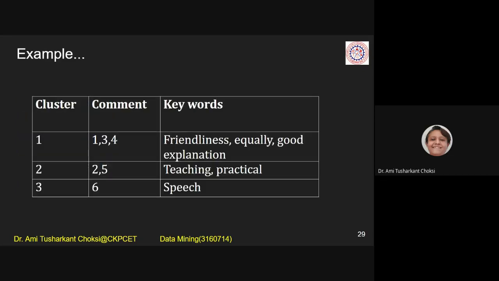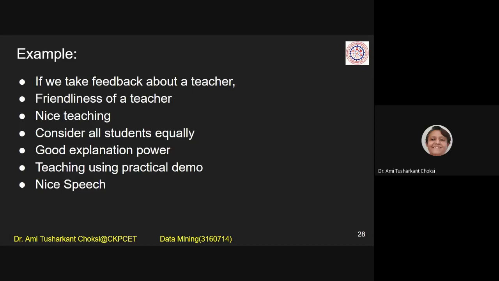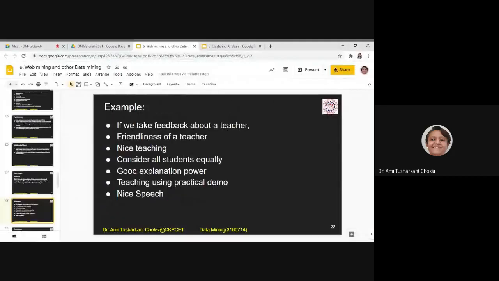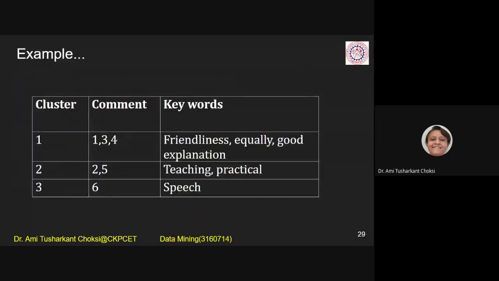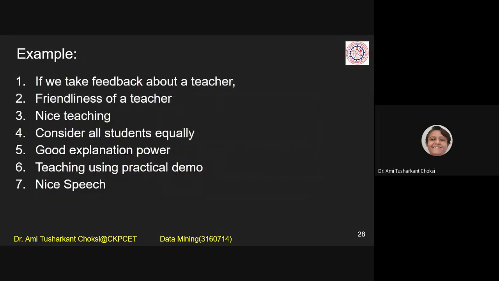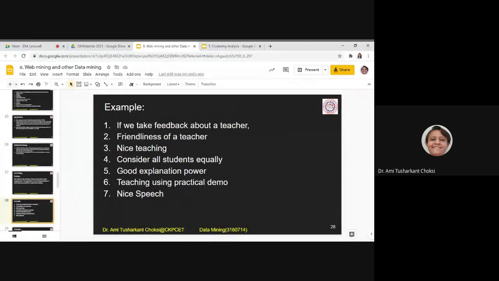Now, what is the case? We have, say, three clusters, and let's say comments 1, 3, 4. A second, let me give numbers here so you can have the idea.